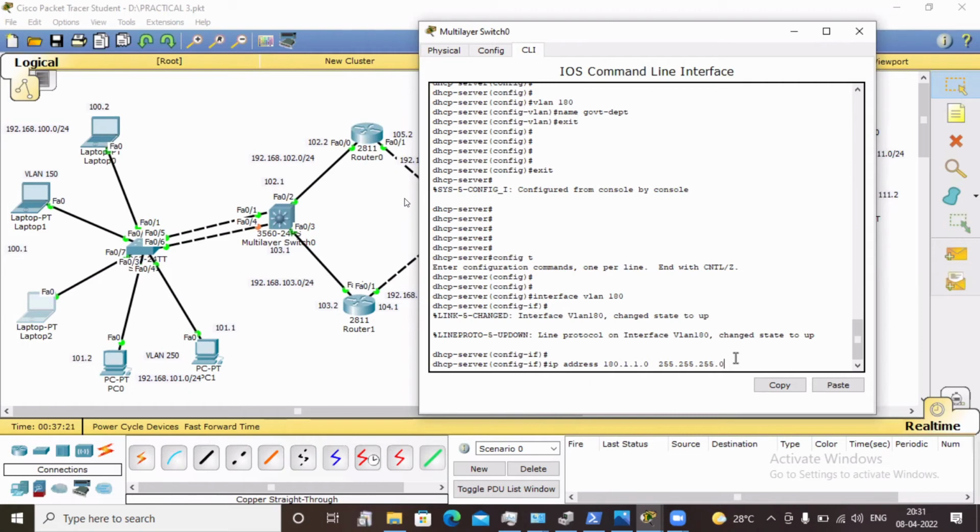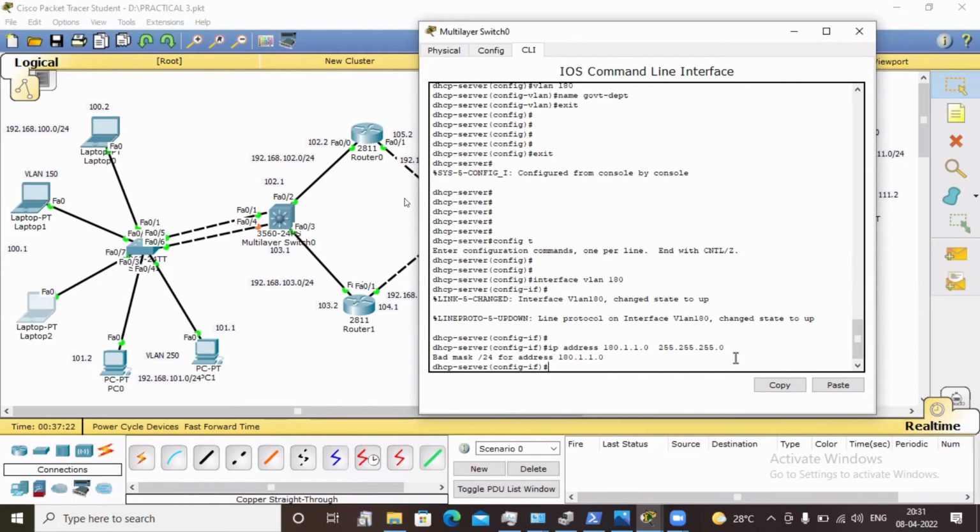Go with the enter. No shutdown. Bad mask.